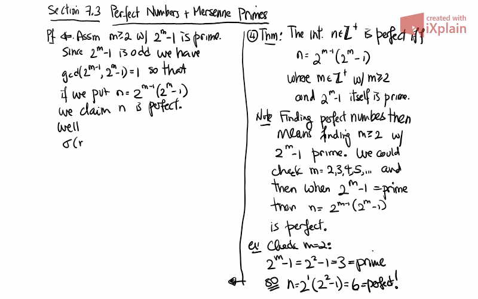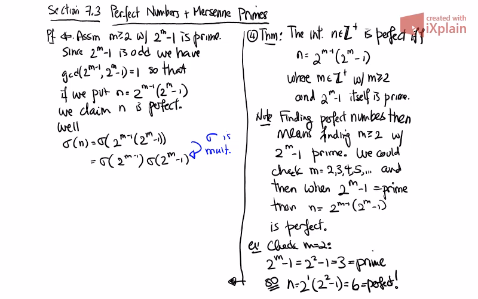Sigma of n is sigma of that product, and this is equal to sigma of 2^(m−1) times sigma of 2^m − 1. This is by the fact that sigma is multiplicative. Remember, that means you can split it up when the GCD is 1, which it is in this case as we just showed.